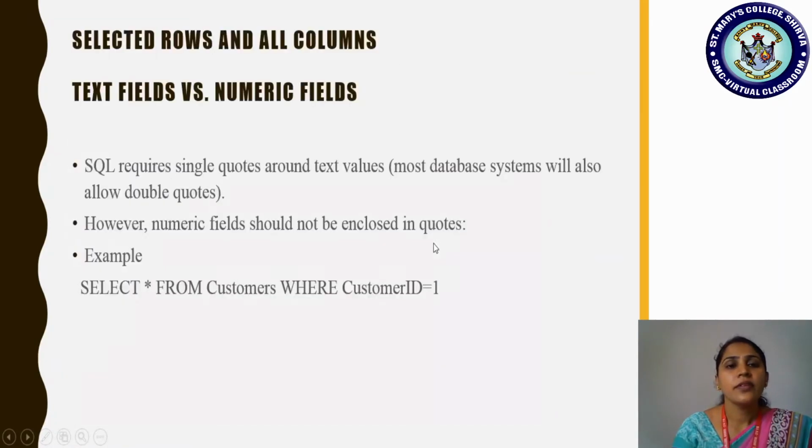Okay, fine. Now just check out here the other variation with the help of the select statement. Selected rows and all columns. If you want to select a particular row and you want to have all the columns, which syntax do you use?